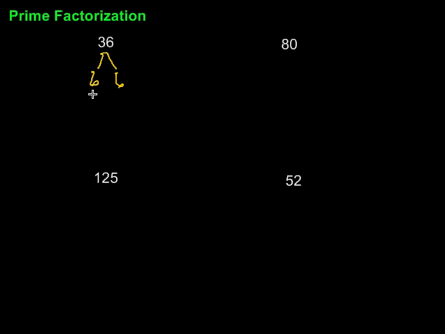Then I'm going to go down my branches, and 6, can I break that up into anything? Is there anything multiplied together besides 1 and 6 that gets me 6? Well, sure enough, there is. 2 times 3. So I've got 2 times 3 there. Now, when I get to a point where I can't break 2 up anymore, the only thing that gives us 2 is 2 times 1, I'm at the end of my branch there, and I'm going to circle that.